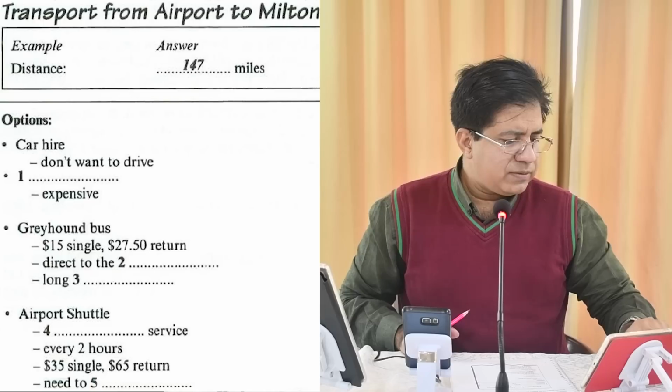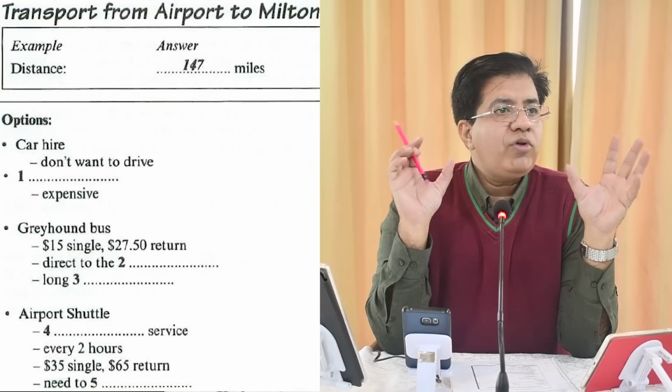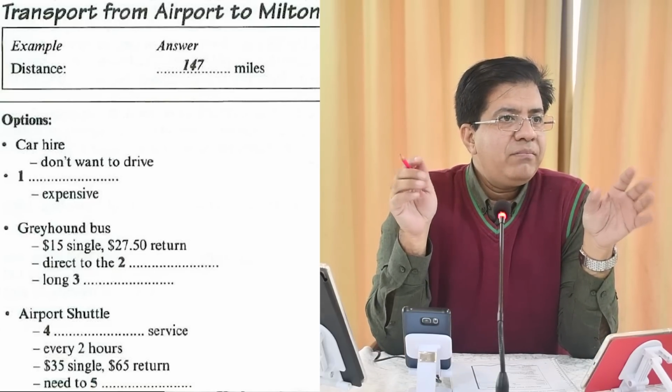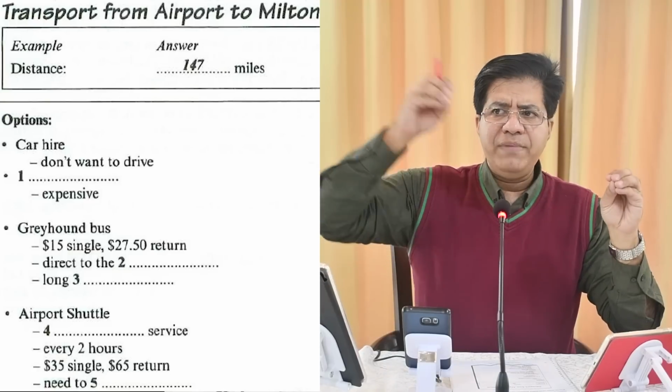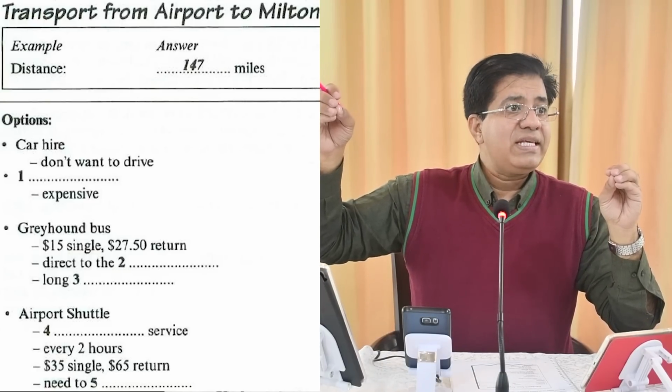After that, first of all, you have to read the title. Can you see it on your screen comfortably? On screen also? Right, good. The title is Transport from Airport to Milton. If you don't know what Milton is, you just know from "airport to Milton" that it's a location, a place.